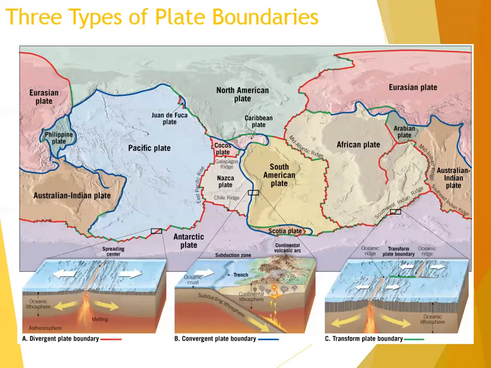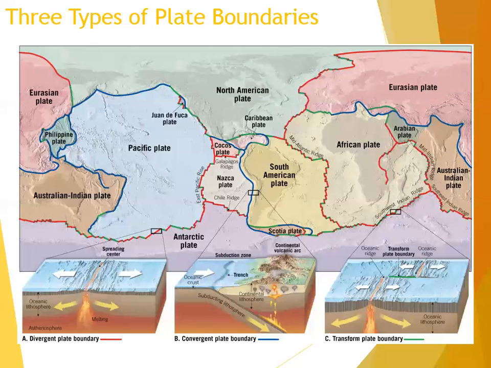Your three plate boundaries are divergent. And what do you think is happening to the plates at a divergent boundary? How are they moving? Away from each other. And we call these also constructive margins because this is where you're building new crust. So when plates are moving away from each other, new crust is forming.